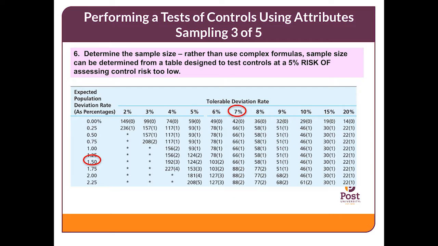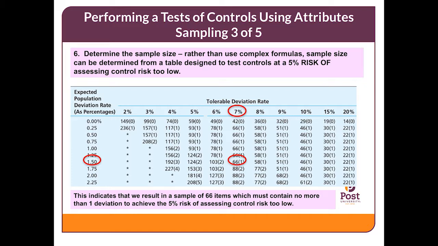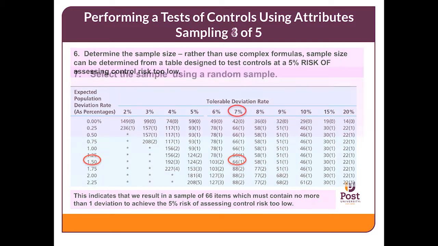Our tolerable rate is 7%. This indicates that we result in a sample of 66 items, which must contain no more than one deviation to achieve the 5% risk of assessing control risk too low.